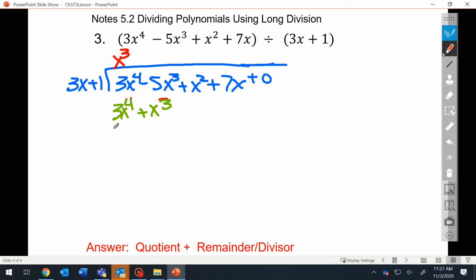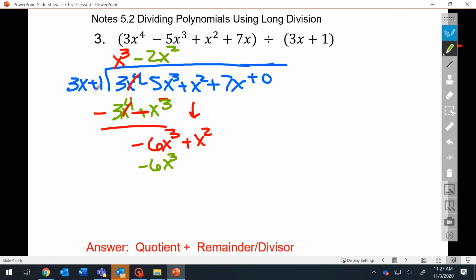And then we're subtracting it, so minus, minus, these cancel, you get minus 6x cubed. Oh, actually it's fine if this one's in red. And then plus x squared. Alright, to get there, I would have to multiply by negative 2x squared, because that's negative 6x cubed, and then 1 times negative 2x squared is minus 2x squared.